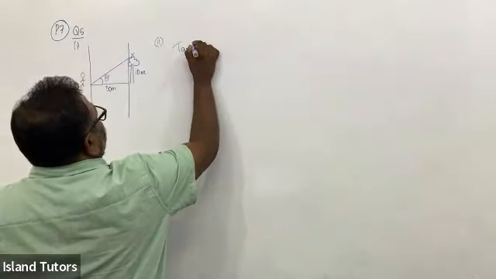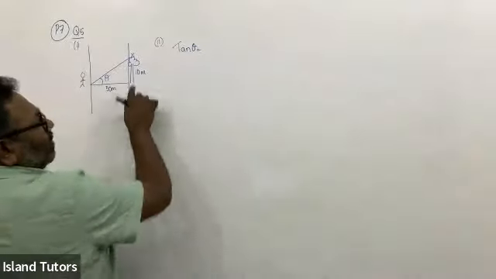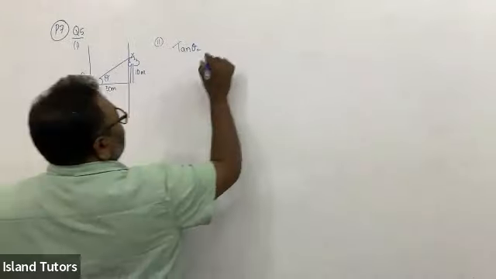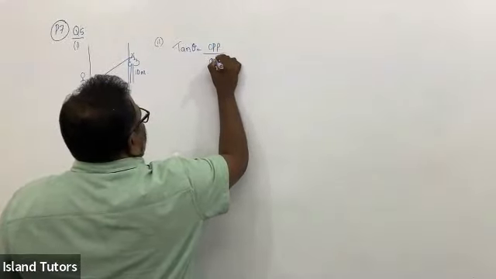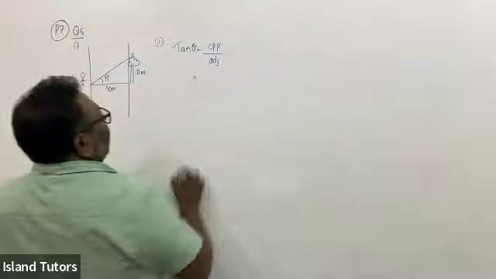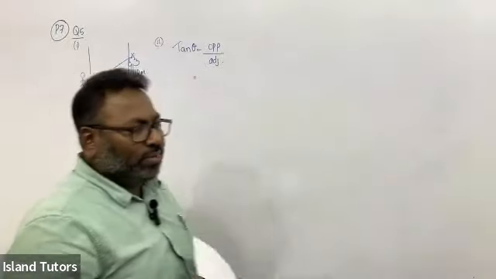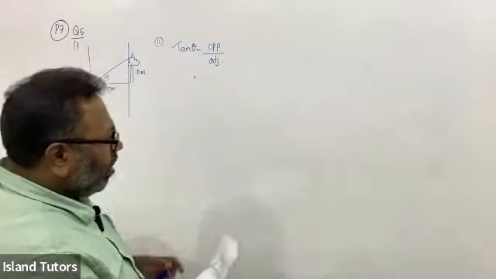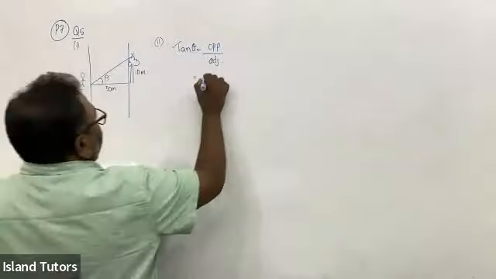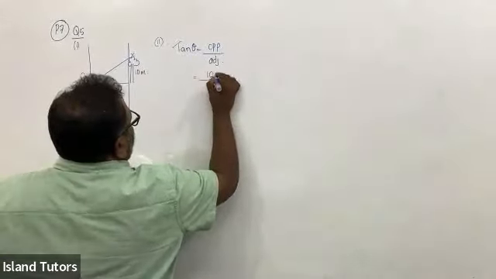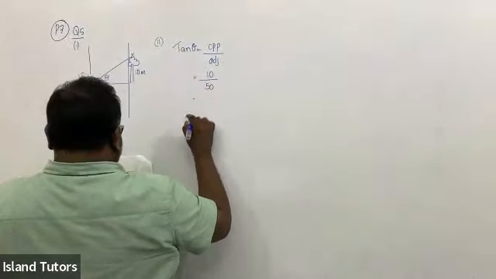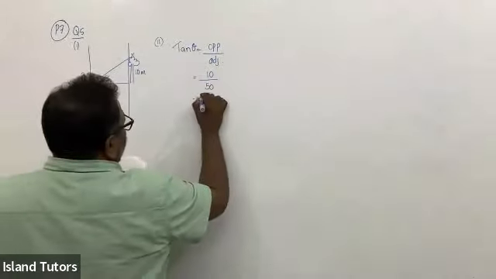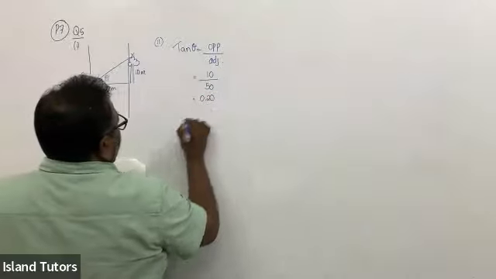And what is your tan theta? How do you find that? Opposite over adjacent. So what is opposite here? Opposite is 10. Adjacent is 50, which is equal to 0.2.